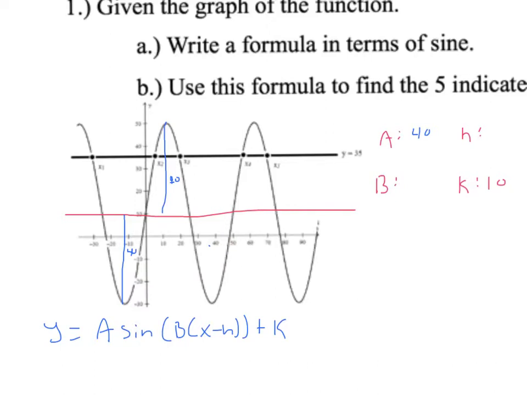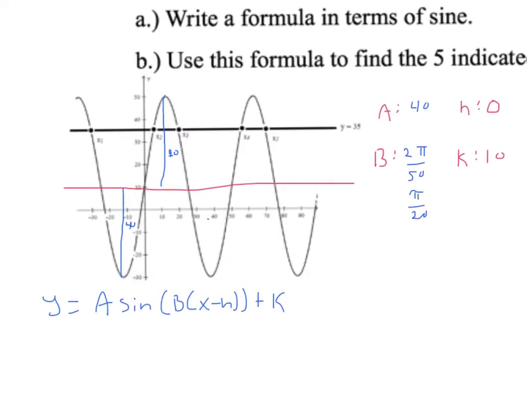So our horizontal shift is going to be 0. The length of that cycle was from 0 to 25 units. So the length of that cycle, the period, is 25. That helps us get the frequency, 2 pi divided by 25, or 2 pi over 25.